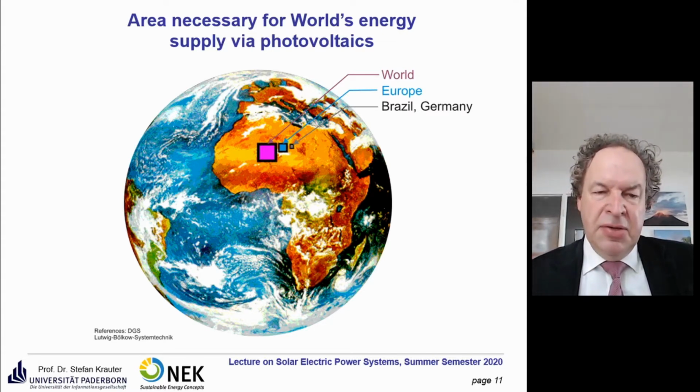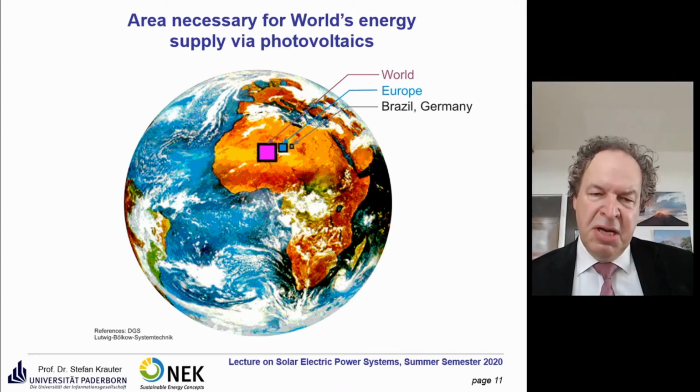And you see that's big, but not really out of scale. For Europe, it would be much smaller. Also for Brazil and Germany, which have about the same energy consumption, it's almost not really visible on the satellite image.